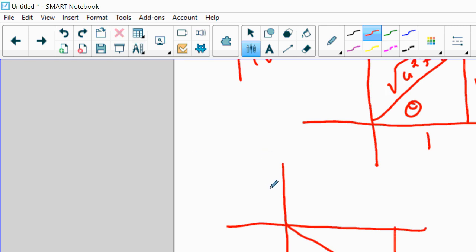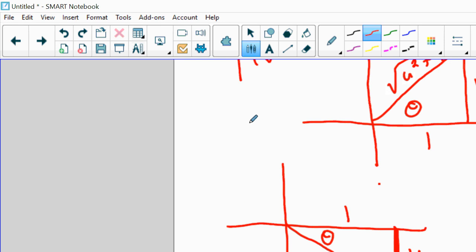That means that this point here, so this is the theta, and you say TOA is U1, you know this coordinate is 1, negative U. And this is the square root of 1 plus U squared.